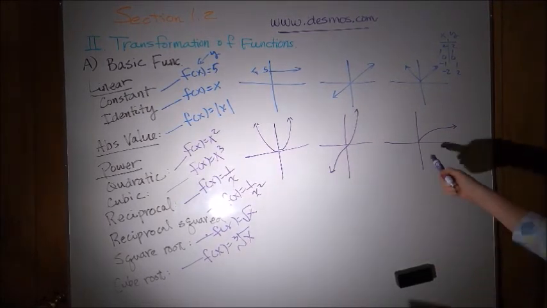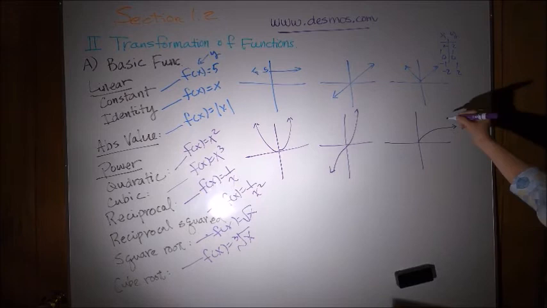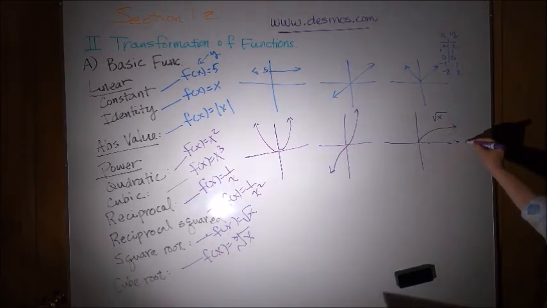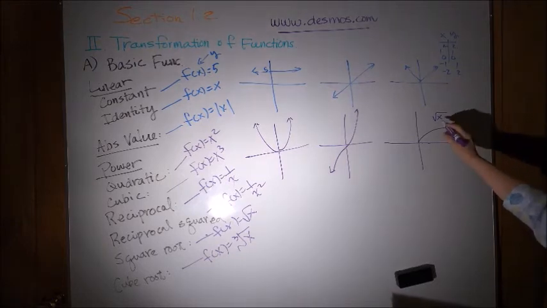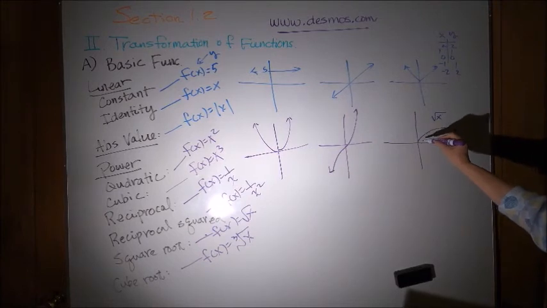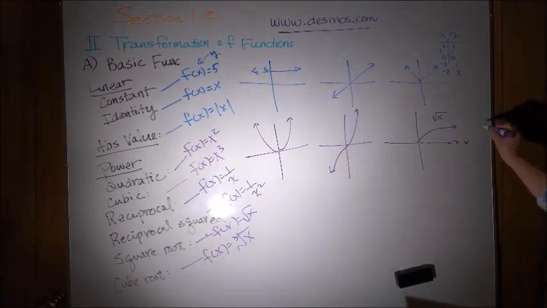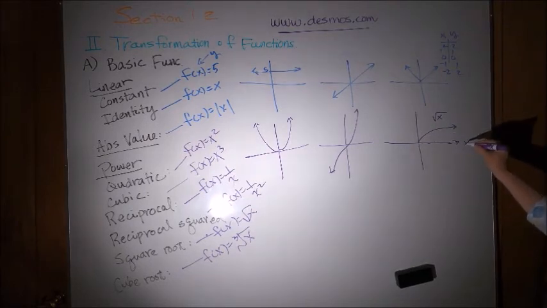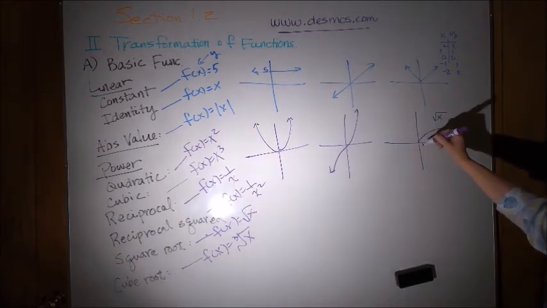If you have a function of the square root of x, where x is your time, as time goes, your profit may level out to some point. If x is your time, this is your profit.